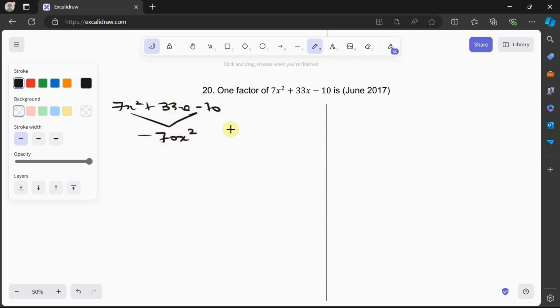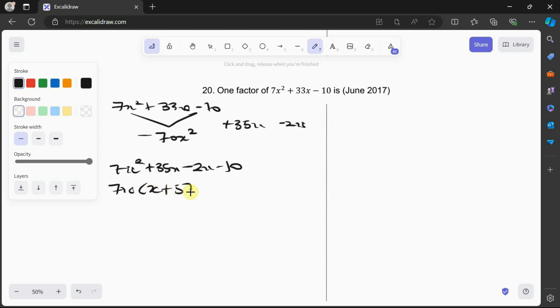If you already know the values that I'm thinking of, that will be plus 35x and then minus 2x. So I'll just replace. That will be 7x squared plus 35x minus 2x minus 10. Factor out 7x from this first guy. You'll be left with x plus 5.